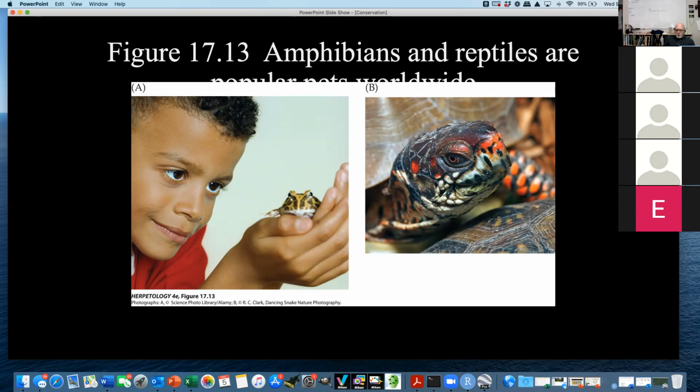So there's an organization out in California called American Tortoise Rescue, and they basically specialize in rehabilitating and in some cases rehoming these tortoises that people got when they were babies and they were cute, and then they grew to the point that the people really couldn't handle them. So yeah, amphibians and reptiles as pets can be problematic for a variety of reasons.